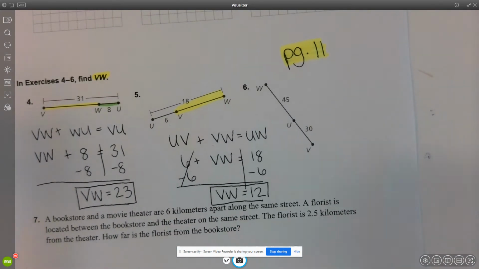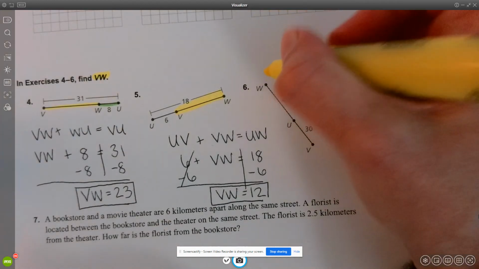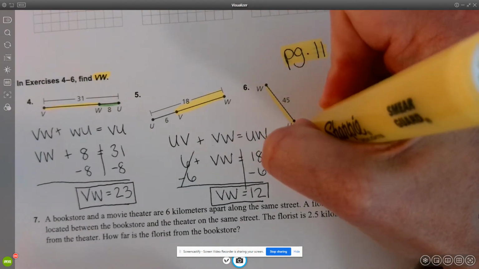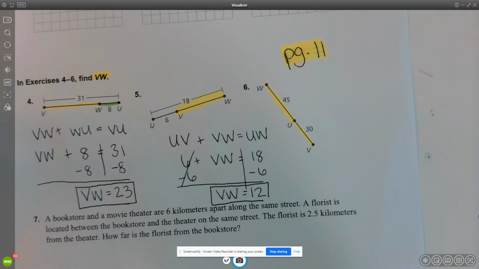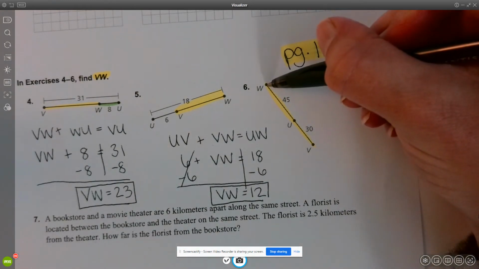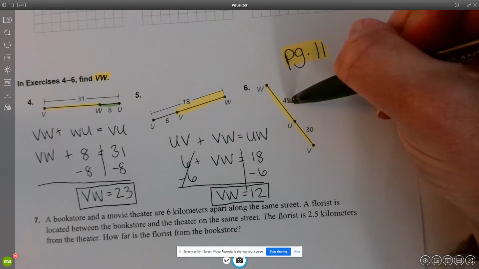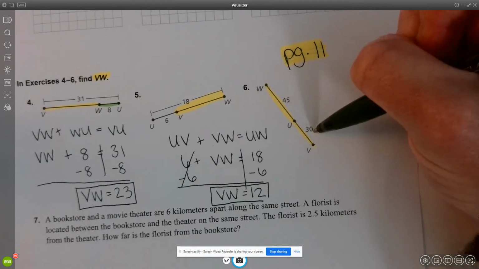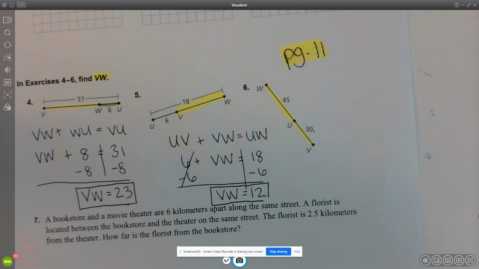In number 6, I'm trying to find the length of the whole line segment VW here. And this time I'm given the lengths of the parts. I know the length of WU is 45 and the length of UV is 30. So you might automatically know to add those. Again, I'm going to show you the equation.